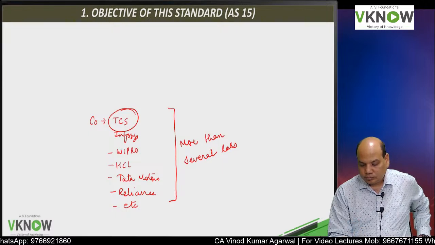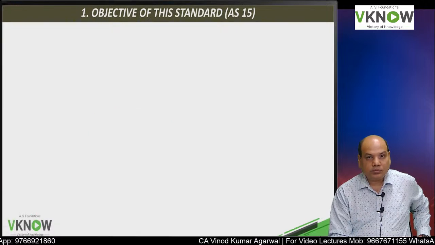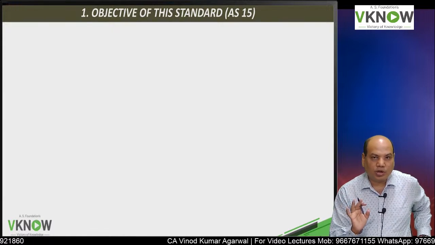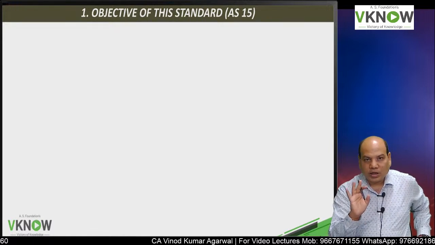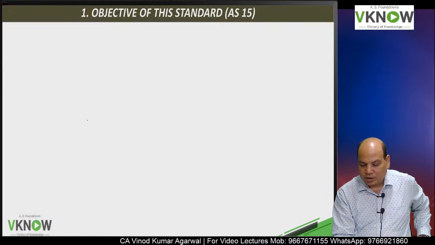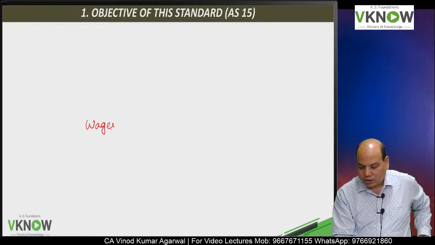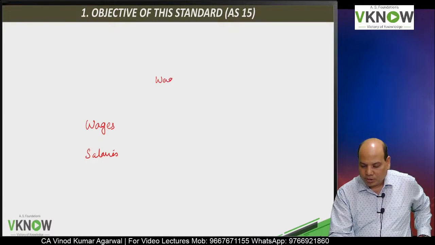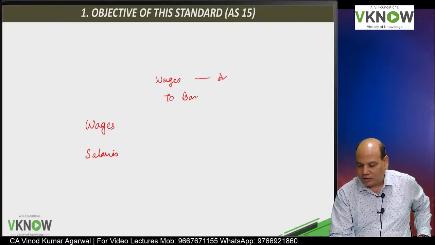Therefore, our institute thought that we should come out with a comprehensive standard on employee benefit. You might have studied some basic accounting of employee benefit, like when you were in standard 12, you have done accounting of wages, salaries. You have passed the entry: wages account debit to bank account, being wages paid.